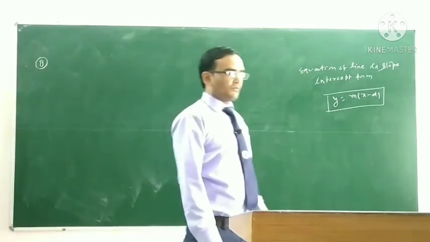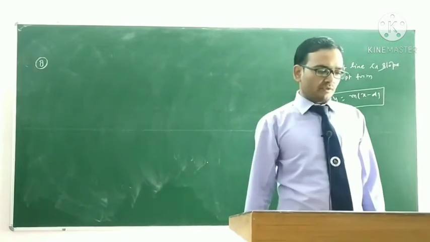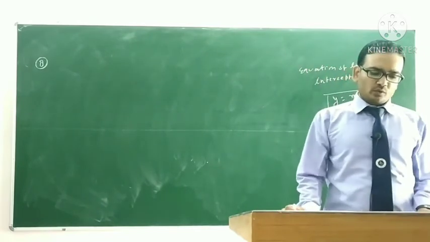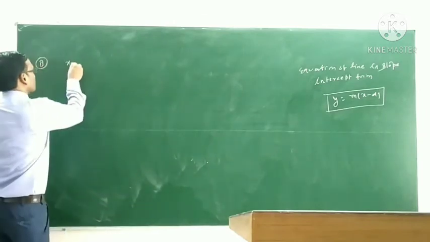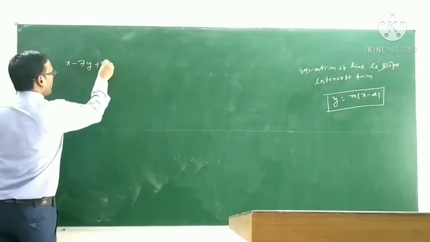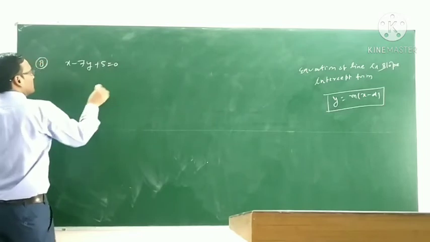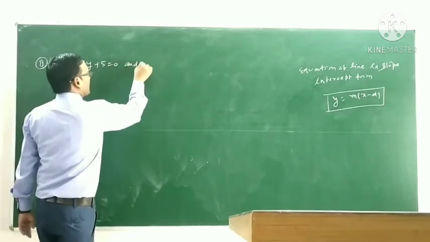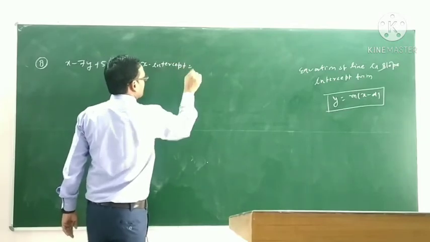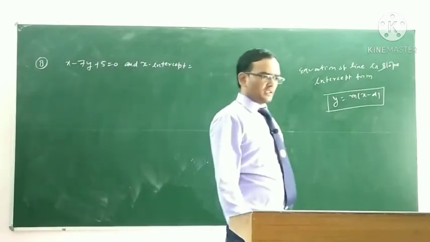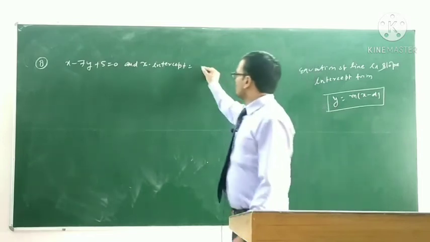Question number 8, find the equation of the line perpendicular to the line x minus 7y plus 5 equal to 0 and x intercept is equal to 3 units.